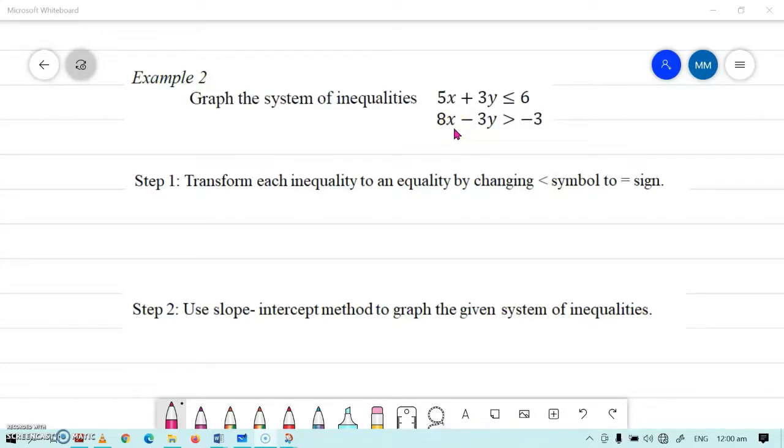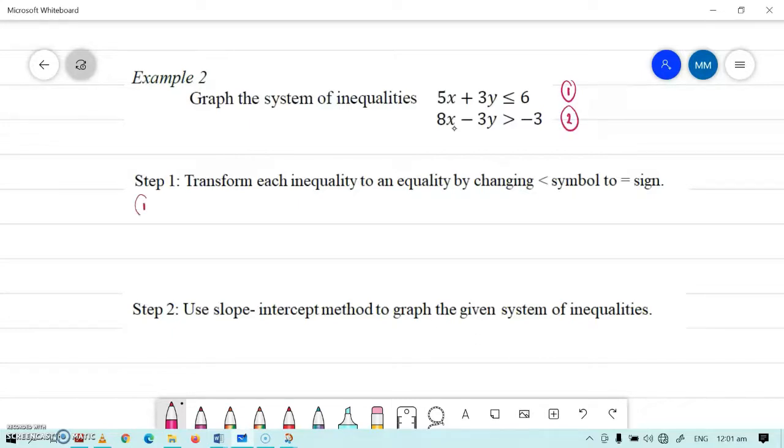Graph the system of inequalities 5x plus 3y is less than or equal to 6 and 8x minus 3y is greater than negative 3. So for step 1, transform each inequality into an equality by changing the inequality symbol to an equal sign. So this will be our first inequality and second inequality.